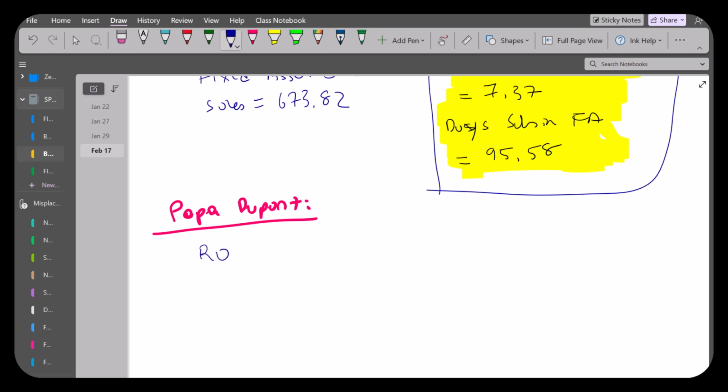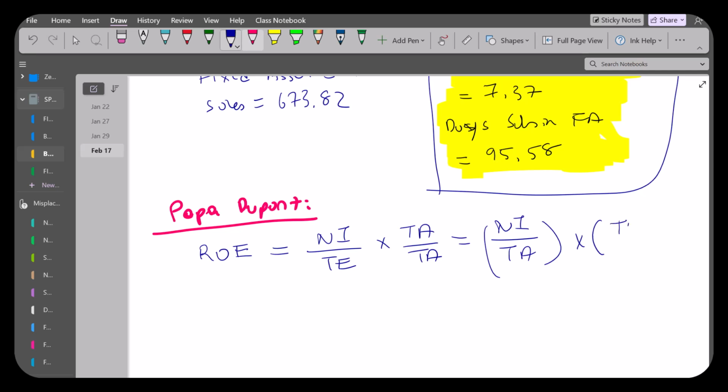Papa DuPont basically takes ROE, which is net income over total equity, and decomposes that into its components. I'm going to multiply this by total assets over total assets. And if you rearrange, net income over total assets times total assets over total equity.